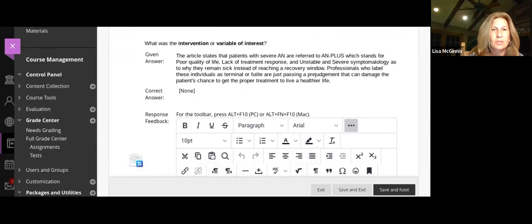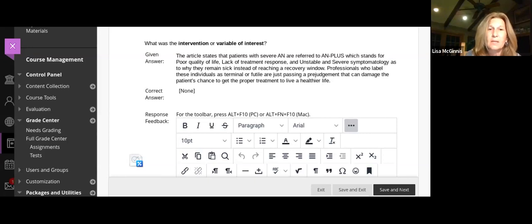So then the next section, what is the intervention or variable of interest? In other words, what is it that we're interested in finding out more about, or what is the variable that we are applying to the participants, depending on what type of study it is?